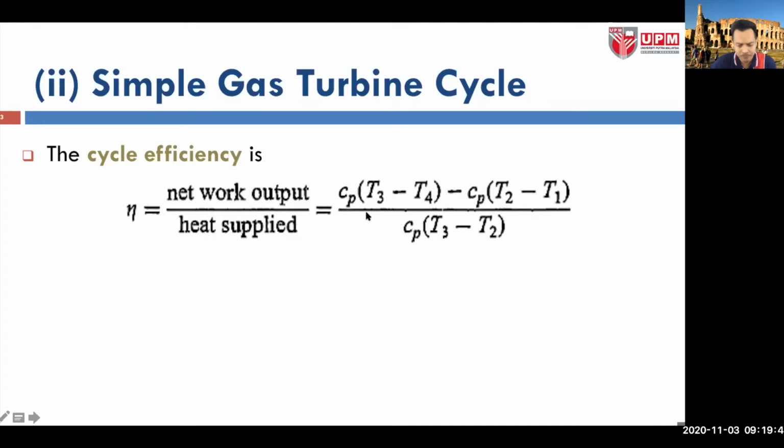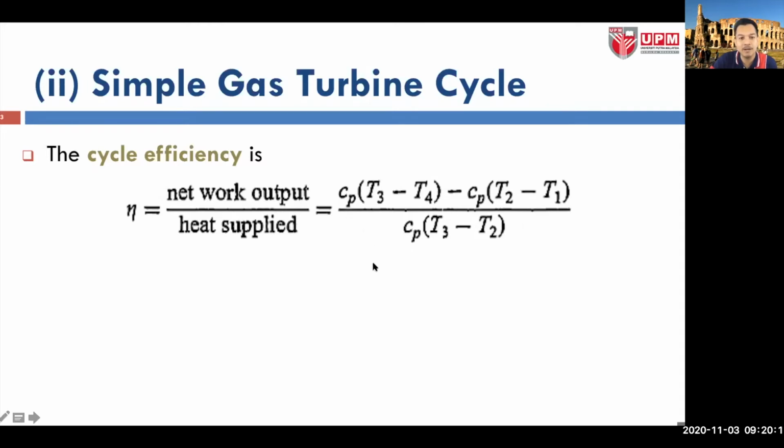So we have here Cp, the specific heat at constant pressure, small c with subscript p, times the temperature difference between the turbine inlet and the turbine outlet, and the temperature difference between the compressor outlet and the compressor inlet.